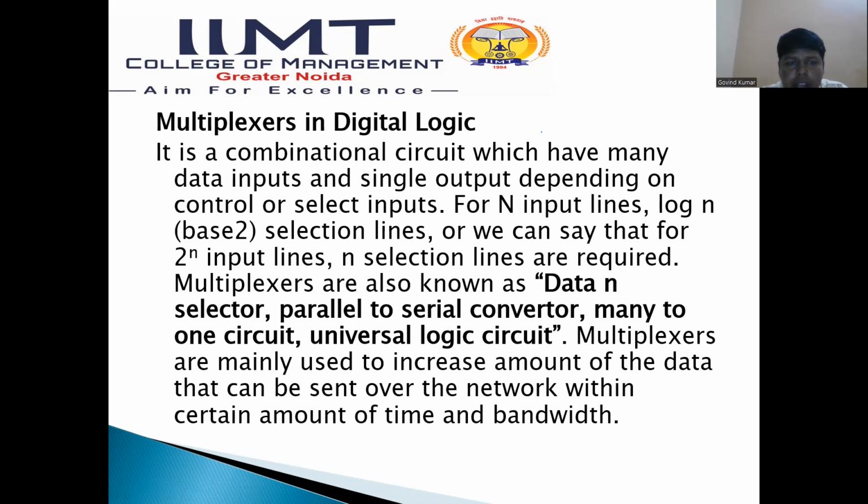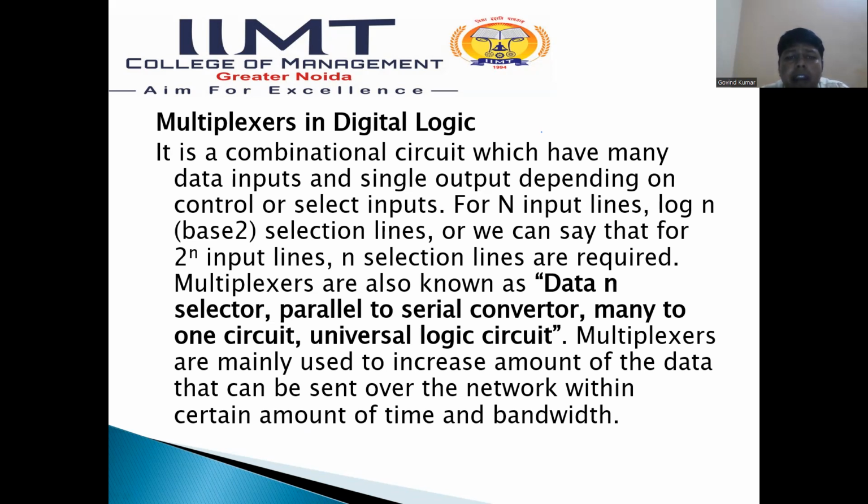For n selection lines, there are 2 to the power n input lines, or we can say that for 2 to the power n input lines, n selection lines are required. Multiplexers are also known as data selectors, parallel to serial converters, many into one circuits, and universal logic circuits. Multiplexers are mainly used to increase the amount of data that can be sent over the network within a certain amount of time and bandwidth.